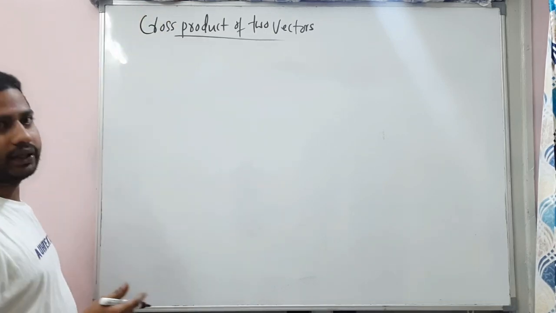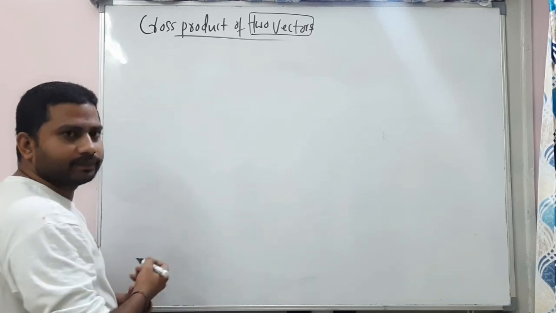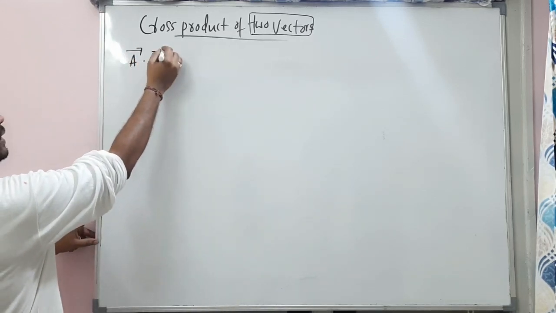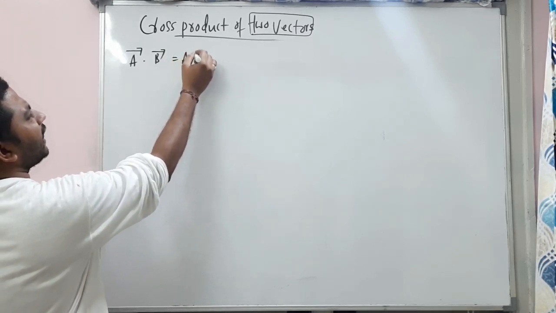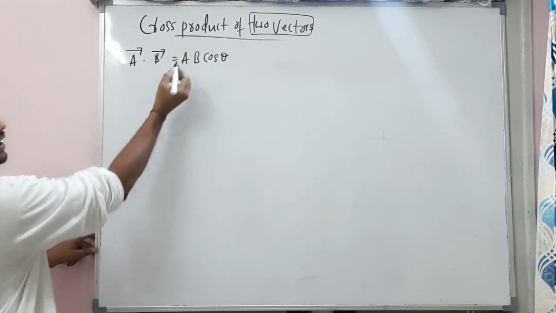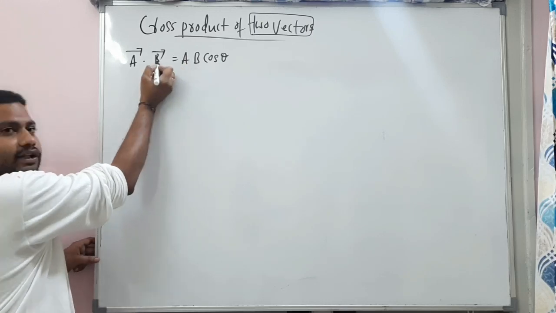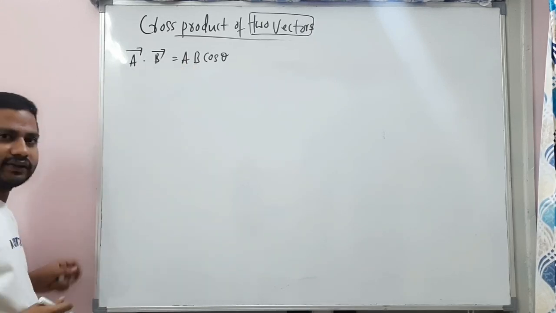Cross product of two vectors. Two vectors we are considering here. A bar dot B bar I am writing, that's a dot product, which is equal to A B cos theta, my dear students. A is the magnitude of A bar, B is the magnitude of B bar, theta is the angle between these two vectors.